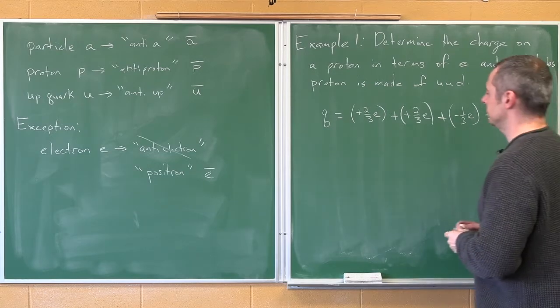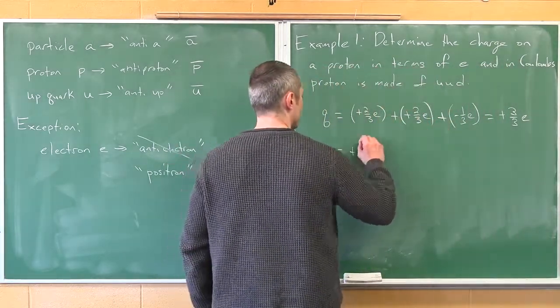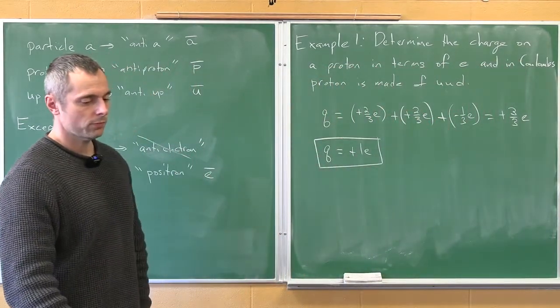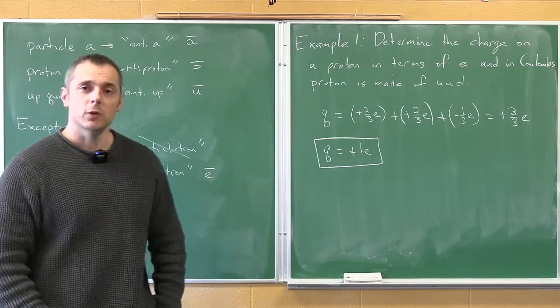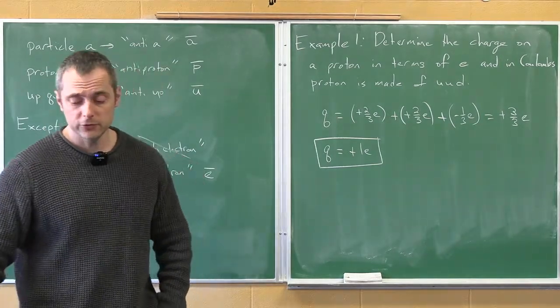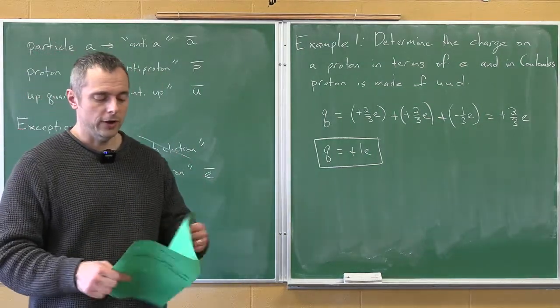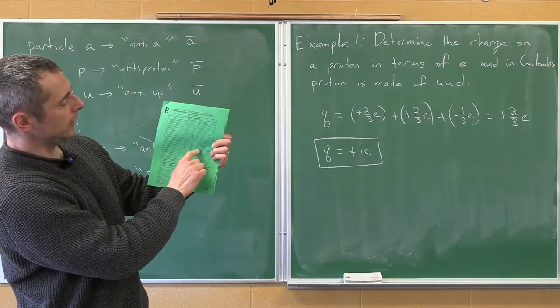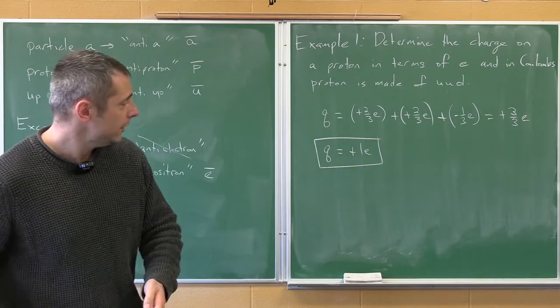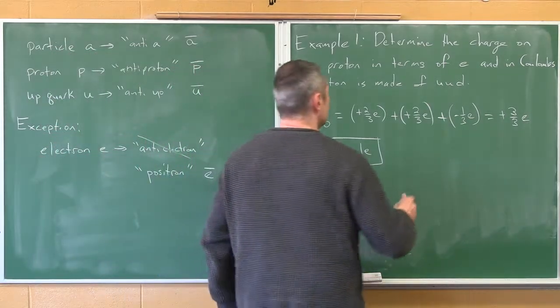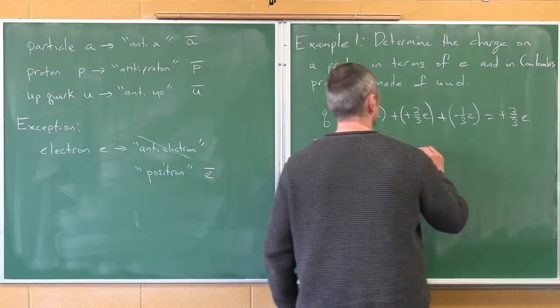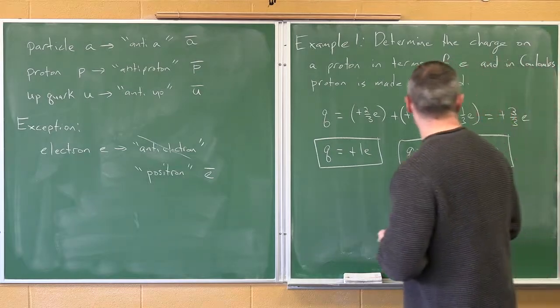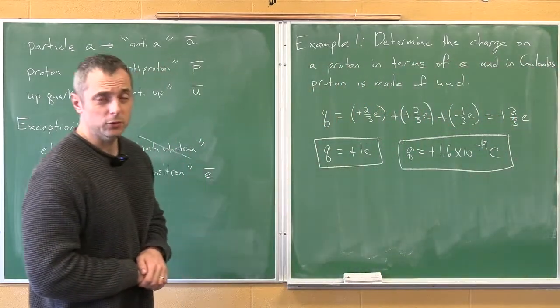Well, we don't say that. We just say plus 1e. And of course, we know what e is on the reference table. We could go to the front cover here and find one elementary charge, lowercase e, 1.6 times 10 to the minus 19th. So we've got positive of that. The charge in coulombs is 1.6 times 10 to the minus 19th coulombs.